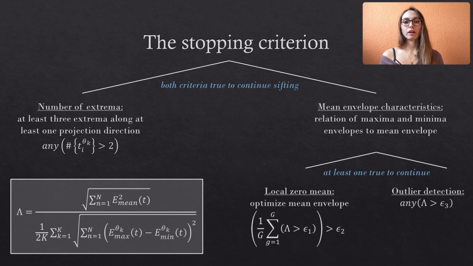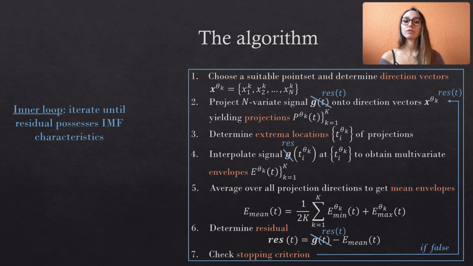Okay, now that we have covered the last challenging part of the MEMD algorithm, let's briefly recap the iterative nature of the whole sifting procedure. Similar to the univariate EMD, we have an inner loop that iterates until the residual fulfills the characteristics of an IMF. So if the stopping criterion is false, the sifting is repeated with the residual.